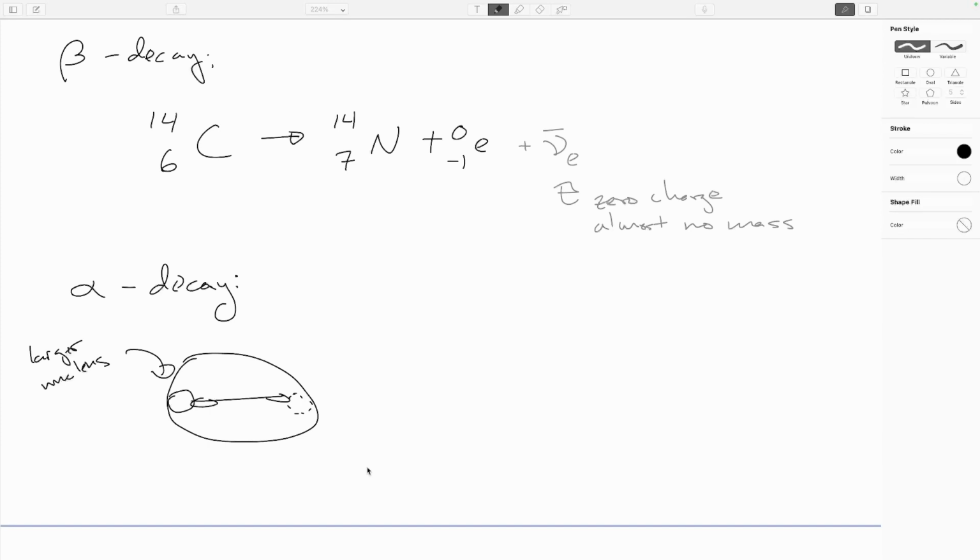But if you remember earlier in our treatment of quantum mechanics, the wave treatment allows for particles to tunnel through potential barriers that they classically shouldn't be able to, with some probability.